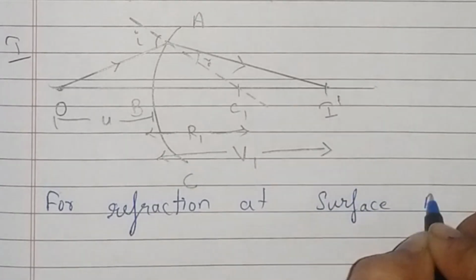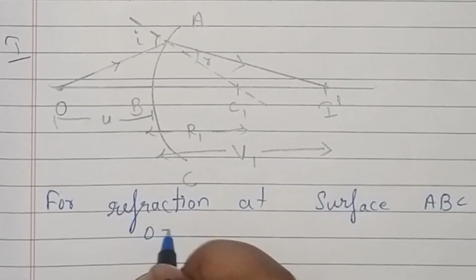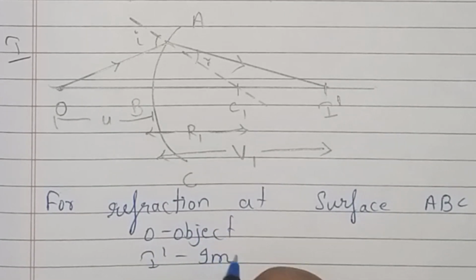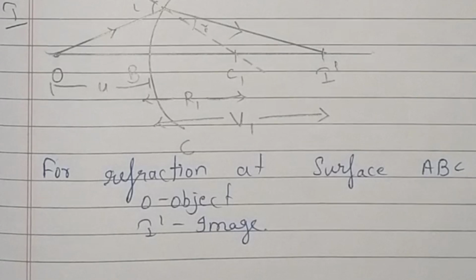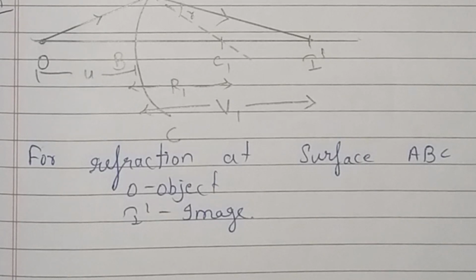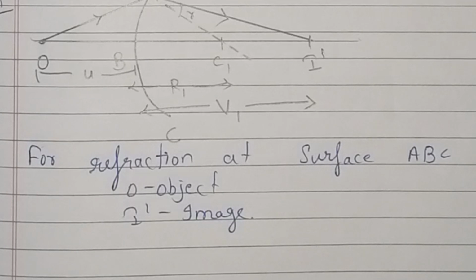At the surface ABC, O is the object and I dash is the image formed. As I've told before, the important formula is n2 by v minus n1 by u is equal to n2 minus n1 by r. This is a very important formula. Just by this we are going to derive the lens maker's formula.